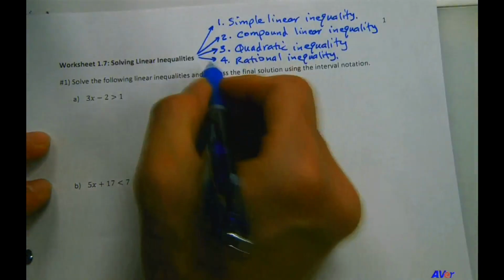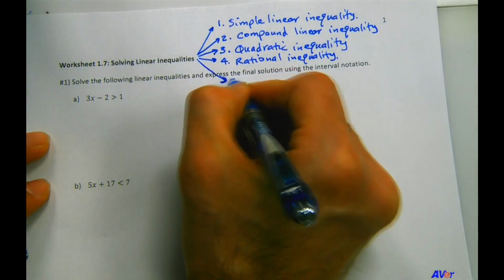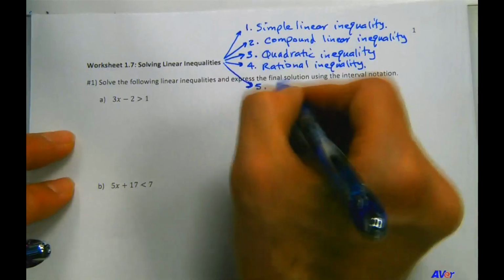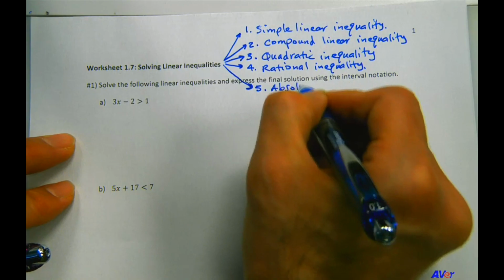Okay, that's the last type of linear inequality that we will look at. And also this one, this is a mix of rational and absolute value inequality. So let me add that too, and I will just add it here, under absolute value inequality.